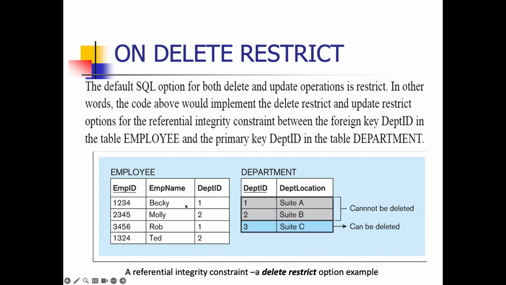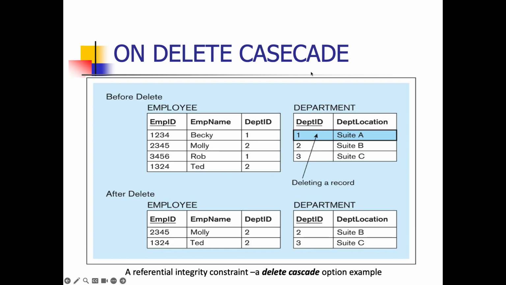So for example, here, can we delete department ID 1 or 2? No, because we have employees working in those two departments. Can I delete department 3? Yes, because no one is working there. On delete cascade example. So we have employee and department again, deleting record 1.